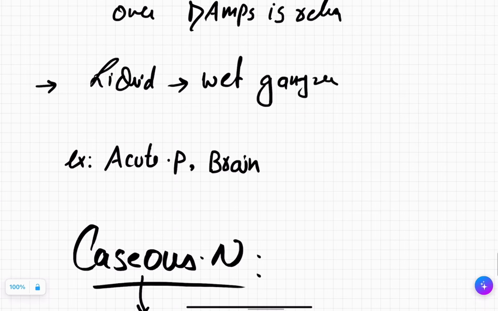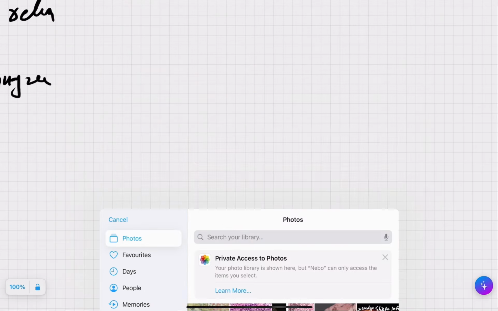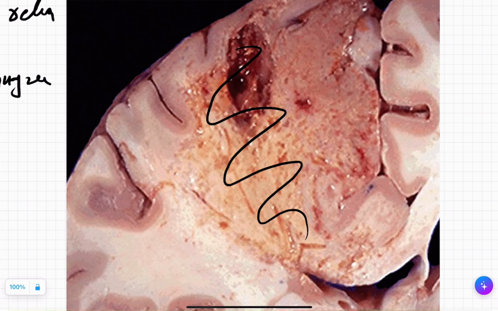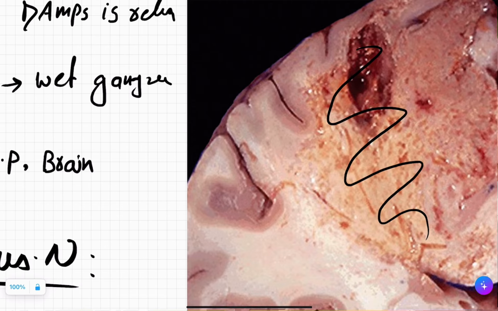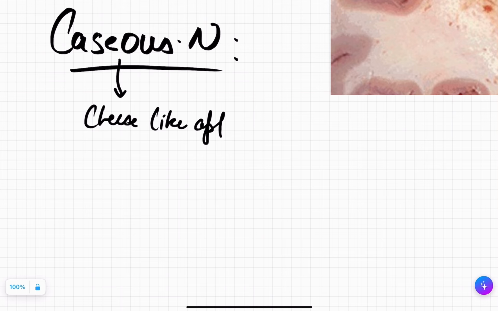Oh, sorry, I forgot to show you the image. See, this is the brain. You see this liquid? This is what I was talking about. This appearance is what gives the name liquefactive necrosis. So, caseous necrosis, cheese-like appearance.